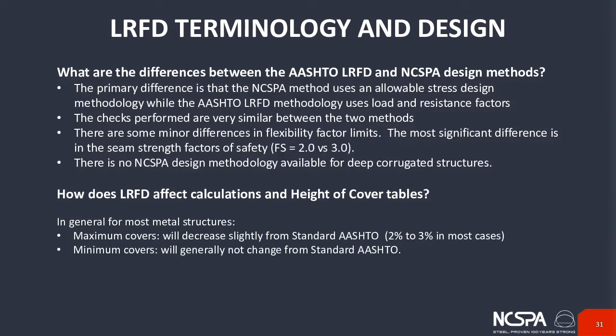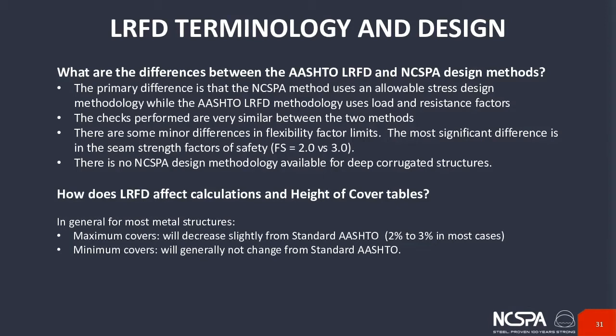those. And then how does this affect the calculations and the height of cover tables between the two methodologies? For the most part, they're very similar. If you go through case by case and look at them, you'll see that the maximum covers will decrease slightly, and they'll be slightly lower for the AASHTO LRFD methodology.